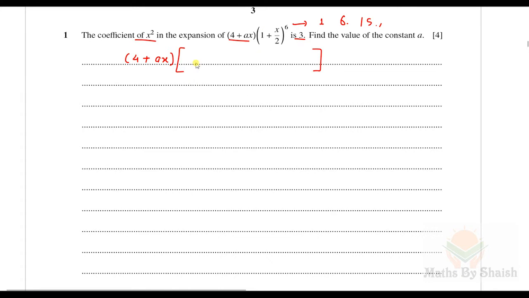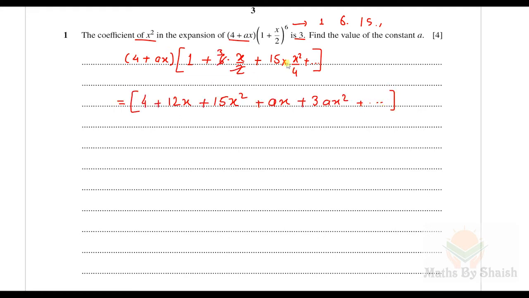So I'll write it as 1 to the power 6, no need to write, plus 6 into x by 2, plus 15 times (x by 2) whole square, that is x square by 4, plus and so on. I don't want to write the rest because it will not give the coefficient of x square, it will give x cube.